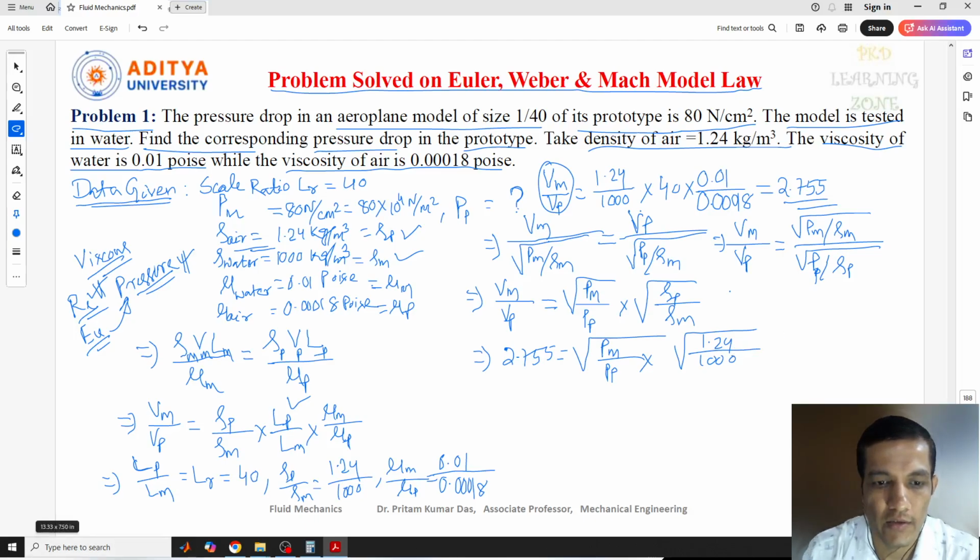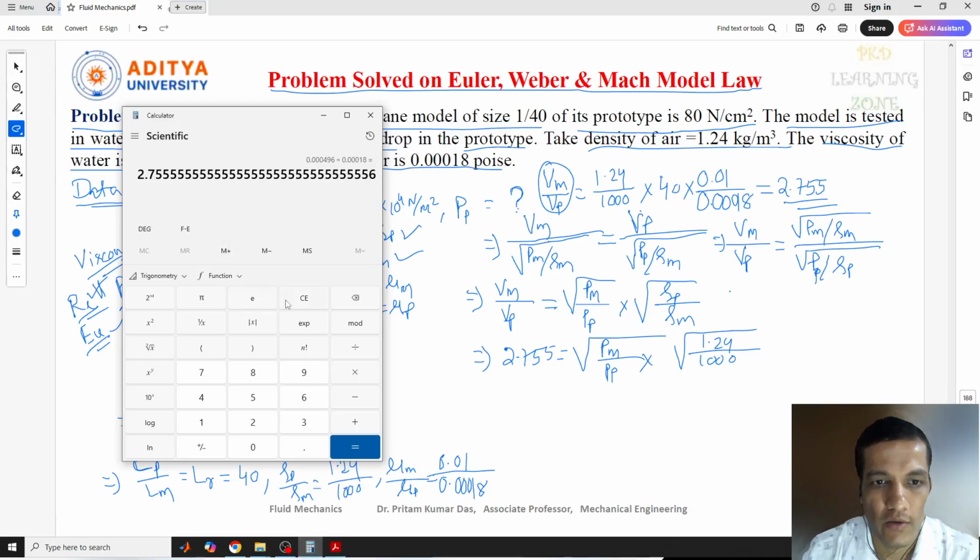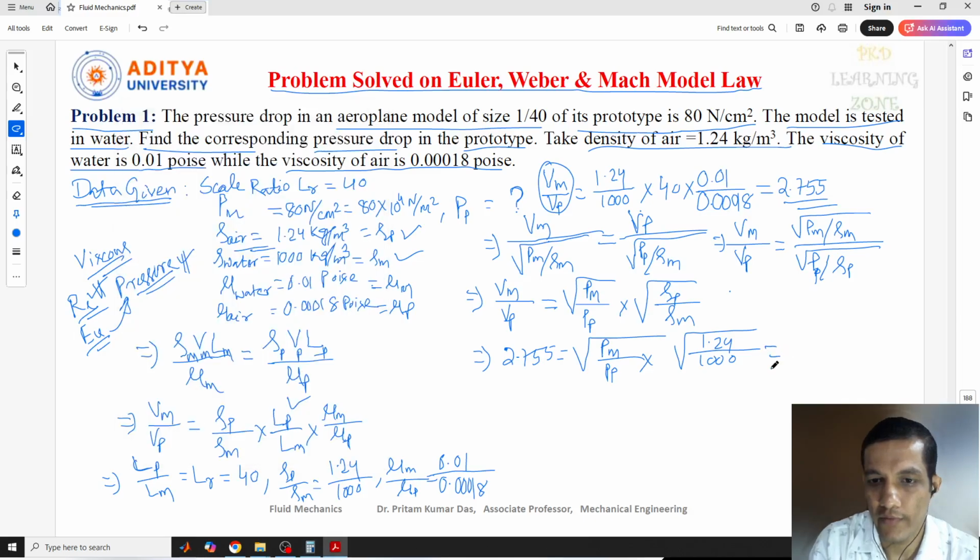So let's find out. This is 1.24 divided by 1000 and root over of this, so 0.0352. So you can write this one here: root over of Pm divided by root over of Pp into 0.0352. We got this value, correct?